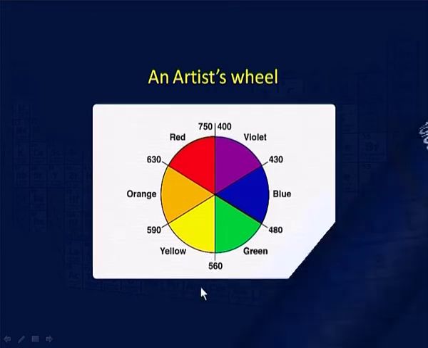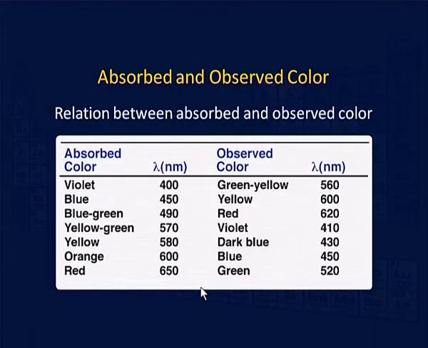complementary to each other. The same thing is shown by this table, in which the absorbed light and the observed color of a compound are shown as complementary colors. As I said, if the compound is absorbing somewhere in the yellow region having wavelength 580 nanometer, then the color of that compound or solution will appear dark blue, that is 430 nanometer.